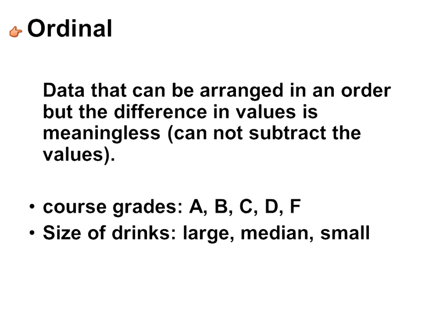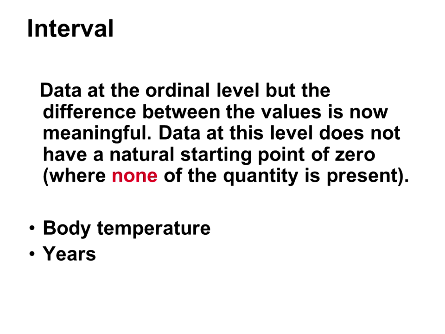The next one is ordinal, so it's identification plus there's some order to it. So course grades, there is an order to them, A, B, C, D, F. The size of drinks, there's an order to it. It can be arranged. Interval data is data that can be ordered.